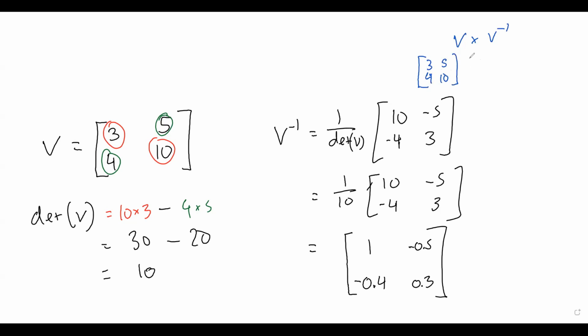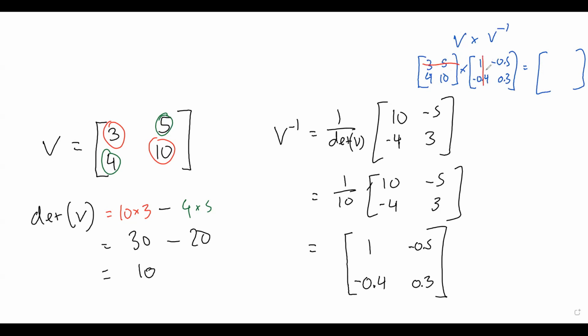And then we've got 1, -0.5, -0.4, 0.3. So then if we want to multiply these two things together, we're going to go across this way, and I'm going to go down this way.